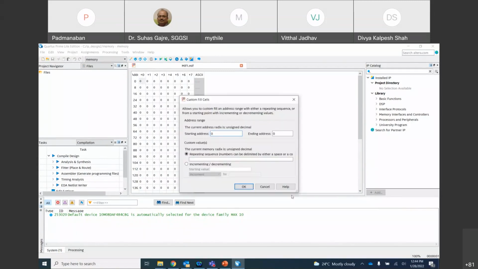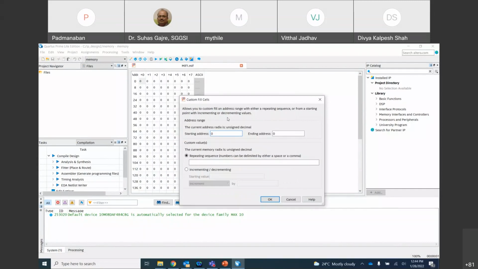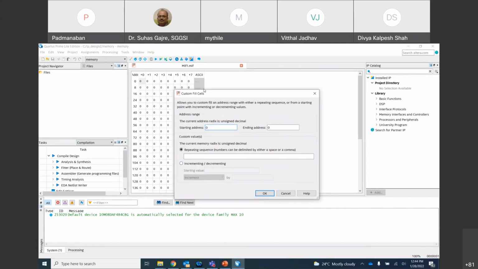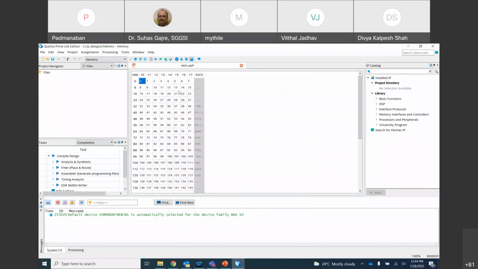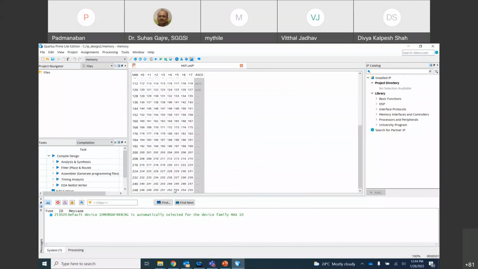In the custom fill cells, the starting address is 0 and the ending address is 255, something like that. Here you can say incrementing or decrementing. So starting value 0, increment by 1, whatever you want, you can provide.